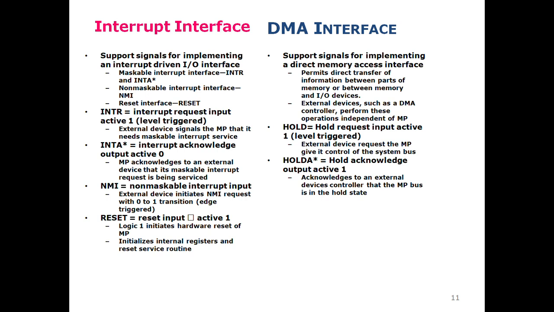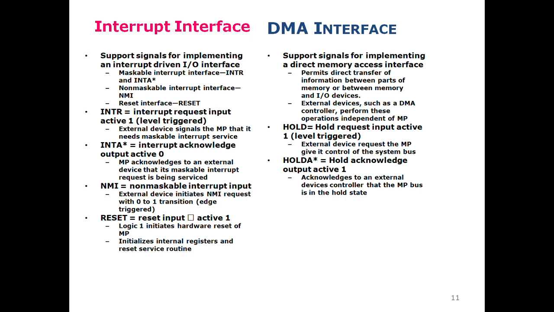There is a direct memory access interface as well, for when an external DMA controller wants to request the microprocessor for a DMA access. There are two pins used for this purpose. It supports signals for implementing a direct memory access interface.